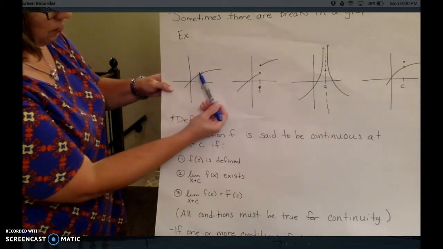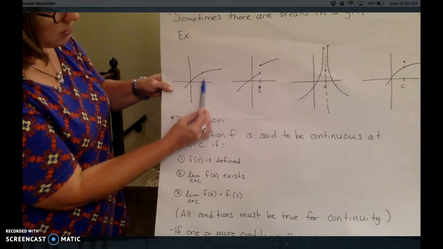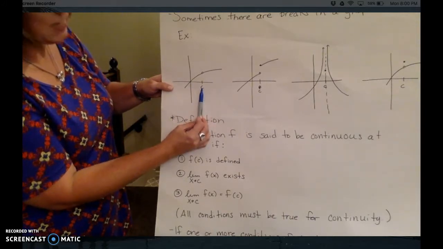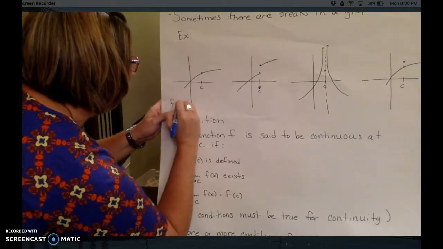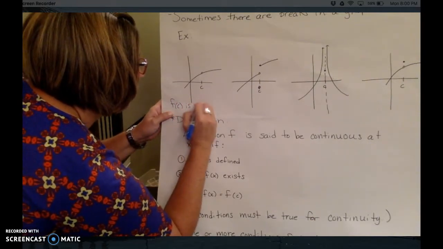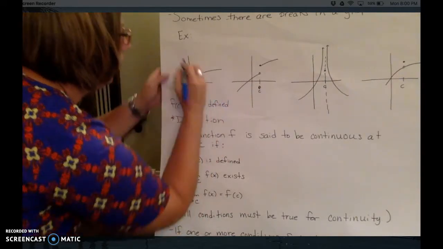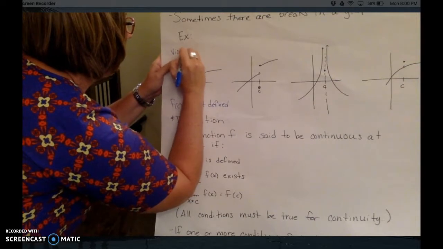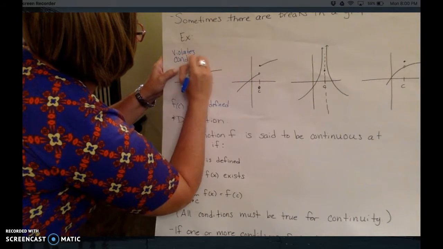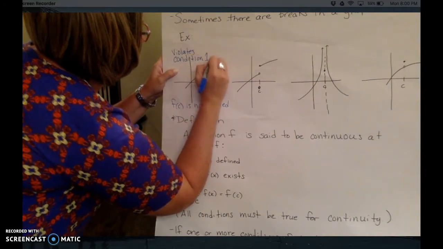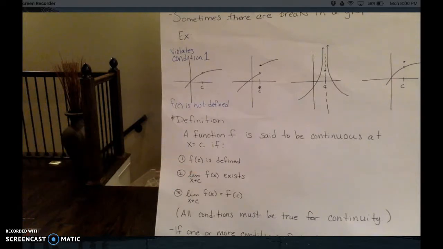We come up here, but then we have a hole in the graph and then it goes further. So what we find is that f of c is not defined. I'm going to write that f of c is not defined, and up here, violates condition 1. Okay, f of c is not defined there, so that violates this condition.